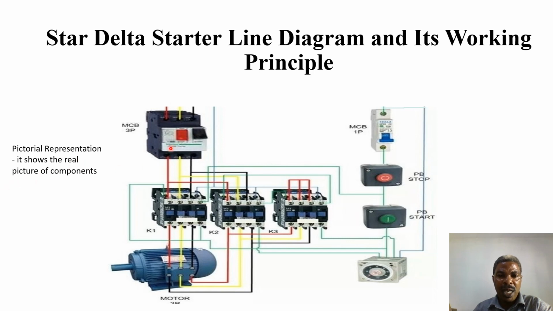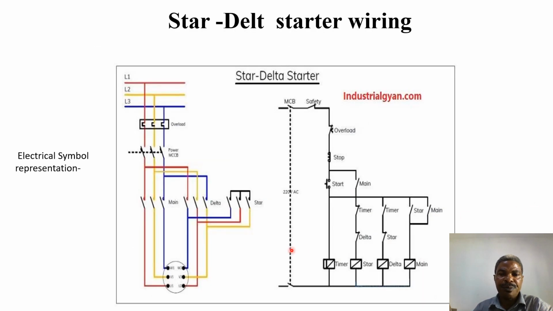We would like to change this to electrical symbols, from this pictorial representation to be redrawn as the electrical circuit using symbols. So in the star delta starter wiring, where it employs symbol representation, you can see this is the supply and overload there.